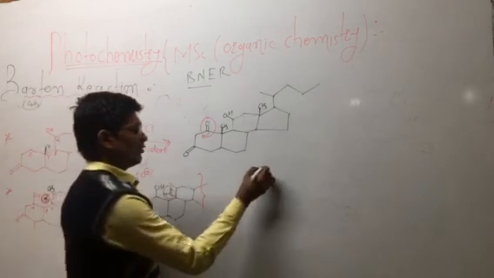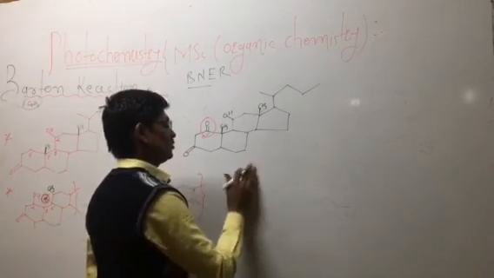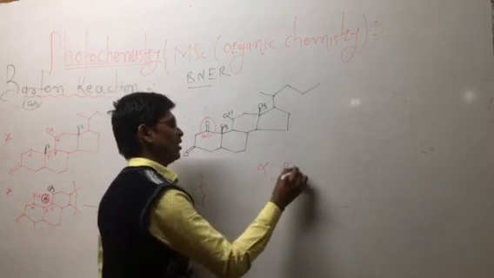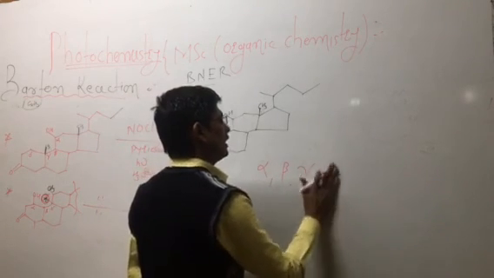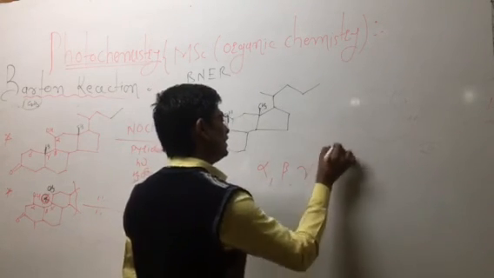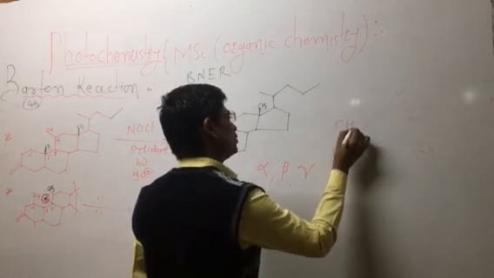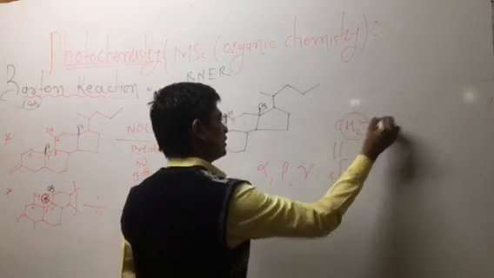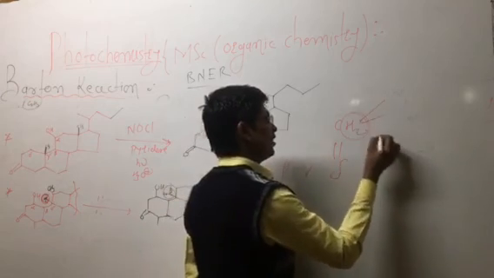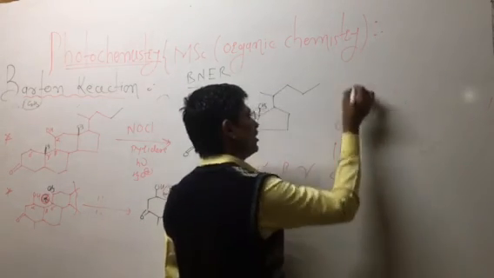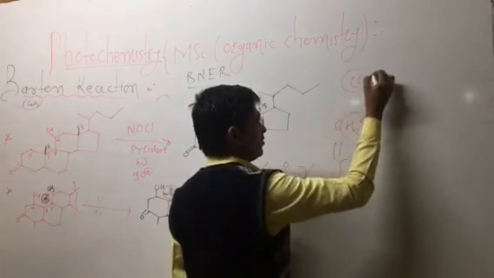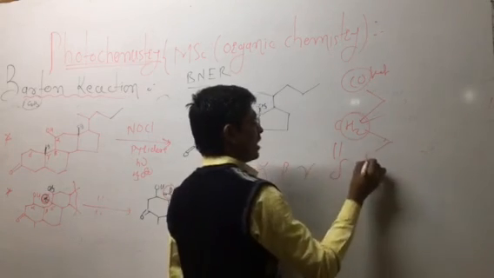Keep in mind, you can target the delta carbon. So not alpha, not beta, not gamma, but the delta carbon atom. The delta carbon atom must have hydrogen atoms. Then this group converts into a CO group. It may be a keto group or an aldehyde group.